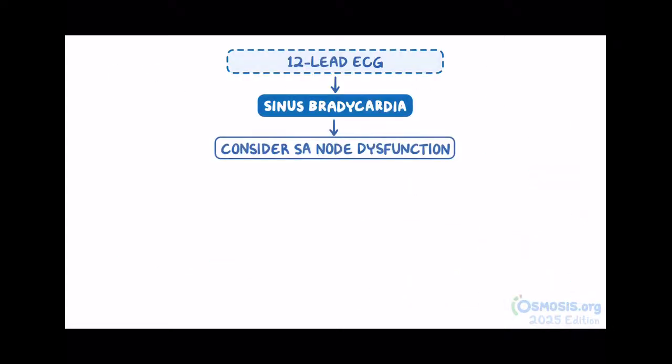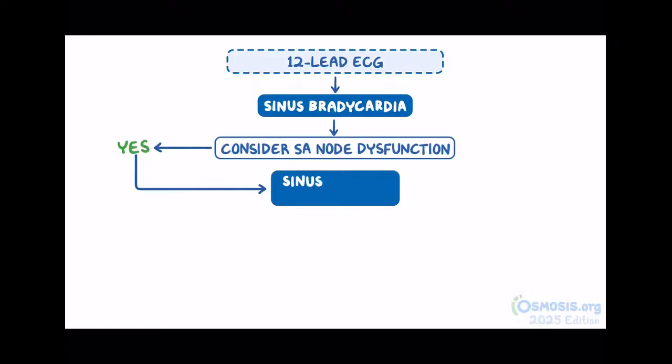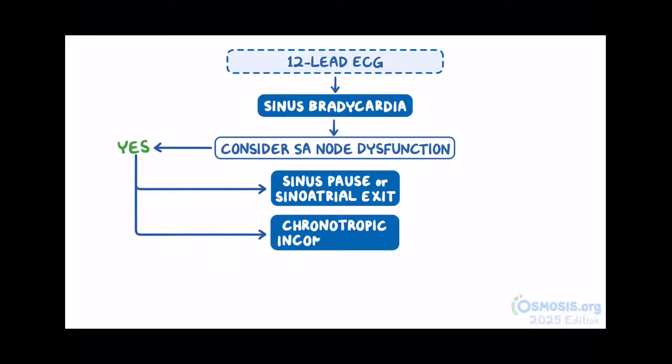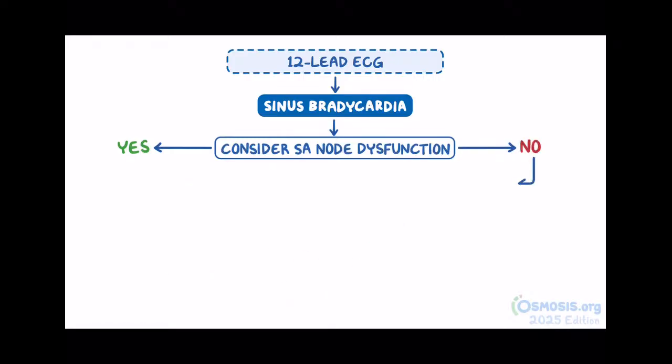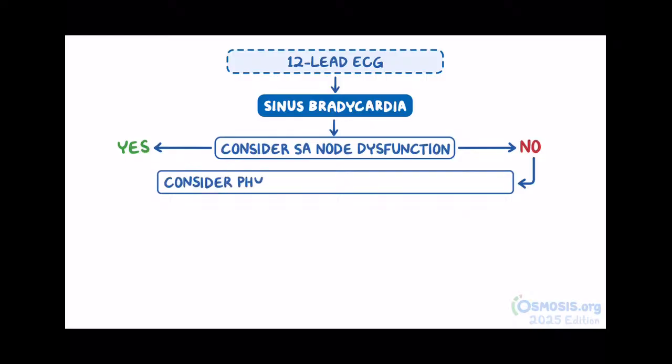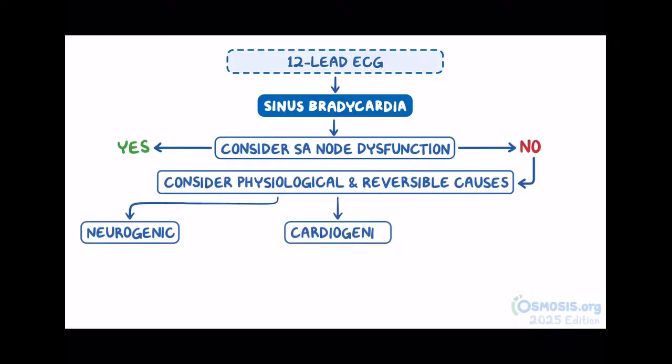Important conditions associated with SA node dysfunction include sinus pause or sinoatrial exit block, as well as chronotropic incompetence and tachy-brady syndrome. However, if there's no SA node dysfunction, consider physiological and reversible causes, which can be neurogenic, cardiogenic, or metabolic.